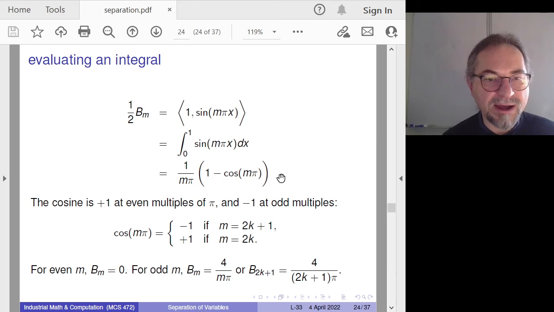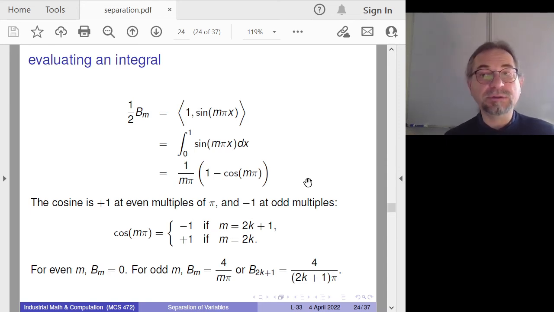But if we evaluate this, then if you look at this very carefully, the m is the index, so we're going to evaluate the cosine at multiples of pi. And actually only the odd multiples survive: at an even multiple, at 2 pi, the cosine is 1, but here we have 1 minus 1. So only the odd multiples survive.